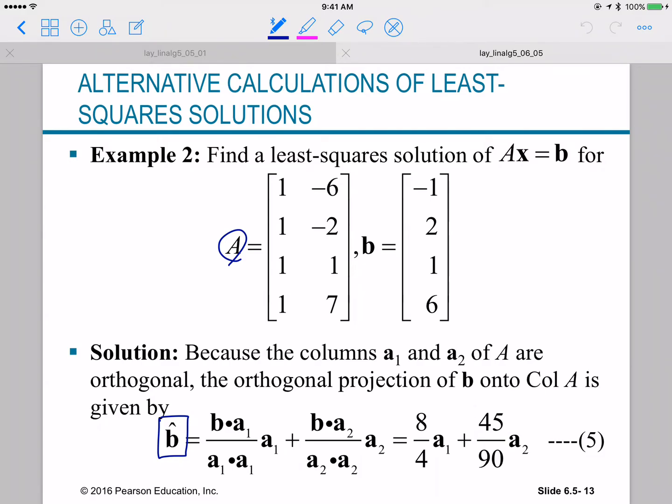That's when the matrix has orthonormal columns. In the case of the general orthogonal projection formula, this was our orthogonal projection formula, right?